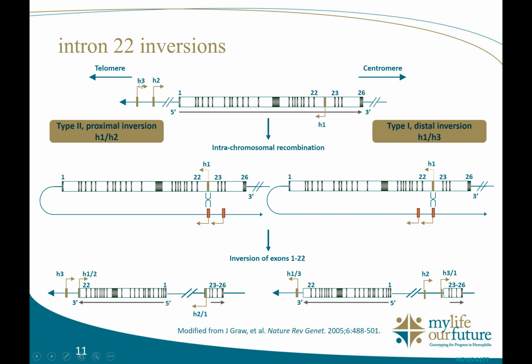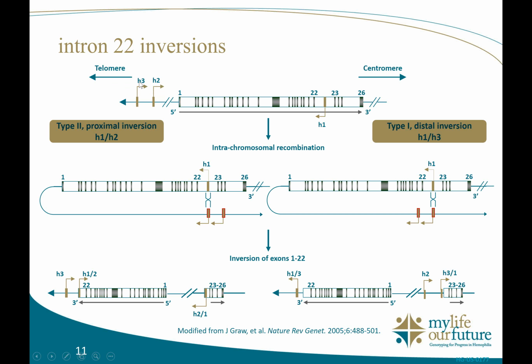So back to MLOF, and where does it stand? Initially, we enrolled patients with hemophilia who had factor VIII or IX activities less than 50% by the local laboratory. And then we expanded to carriers and potential carriers in 2015.